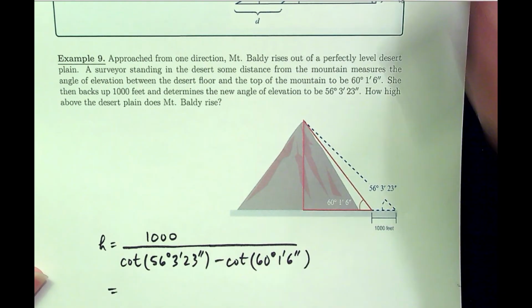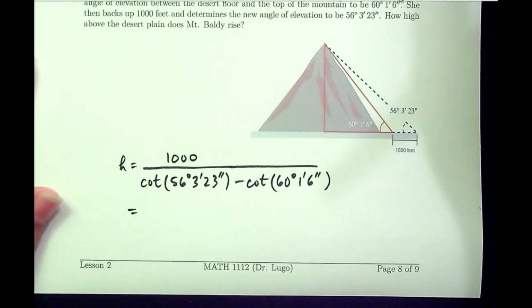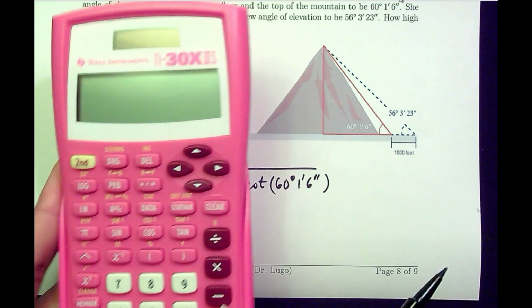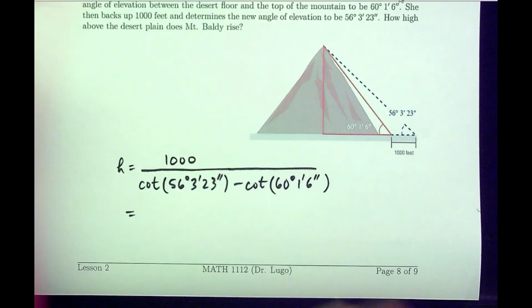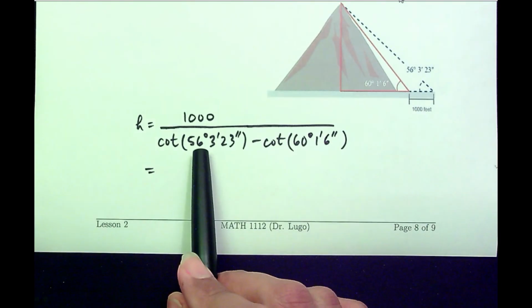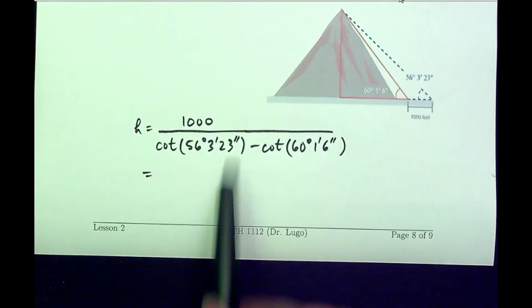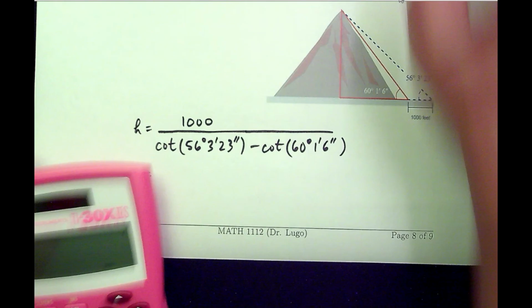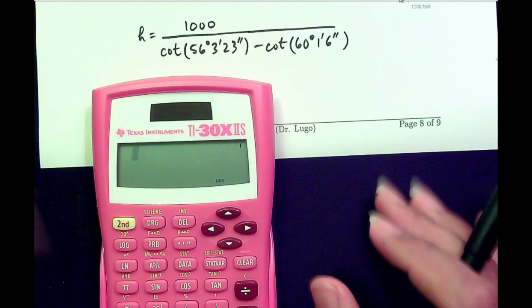Okay, we just put this in the calculator and we get it. Remember that if you don't know how to enter that in the calculator because you don't have that button or for whatever reason, you can always convert that to decimal and then enter it that way. So convert to decimal, 56 plus 3 over 60 plus 23 over 3600. I don't need to do that, I'm just saying that you could.